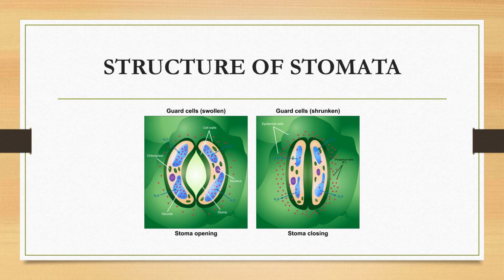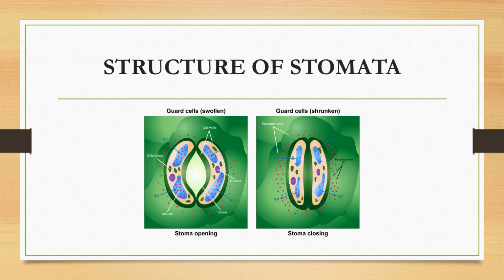So these are the roles of stomata in the plant. The first is the exchange of gases in respiration. The second one is transpiration. What is transpiration? Transpiration is the loss of excess water from the plant body through the leaf, and especially through stomata.